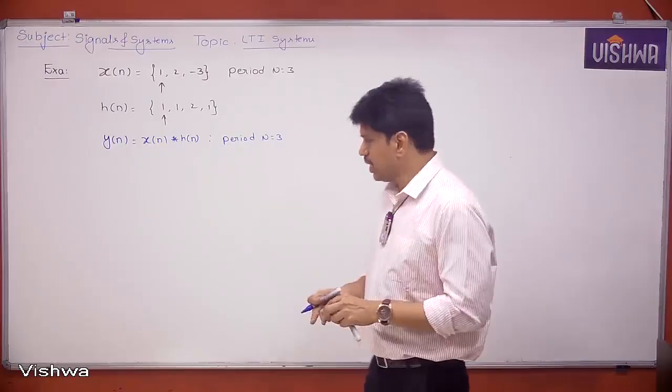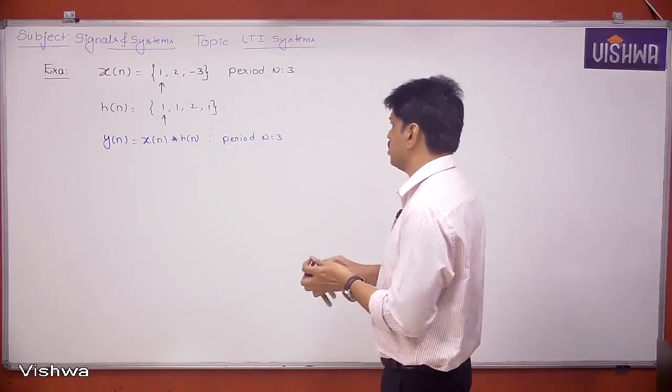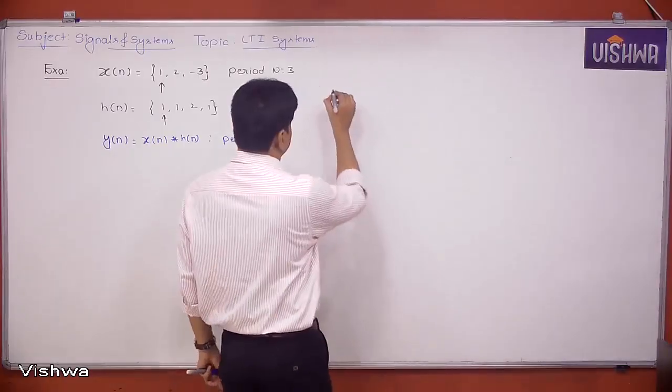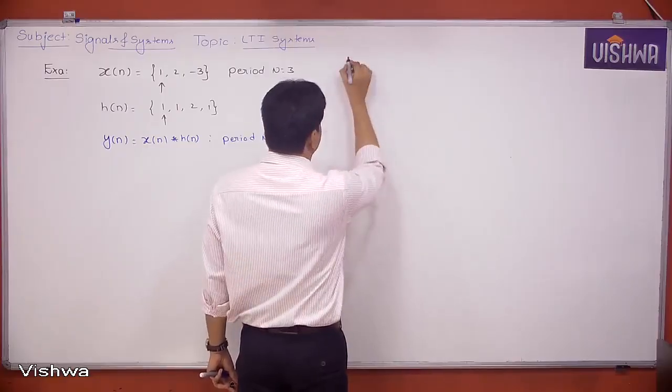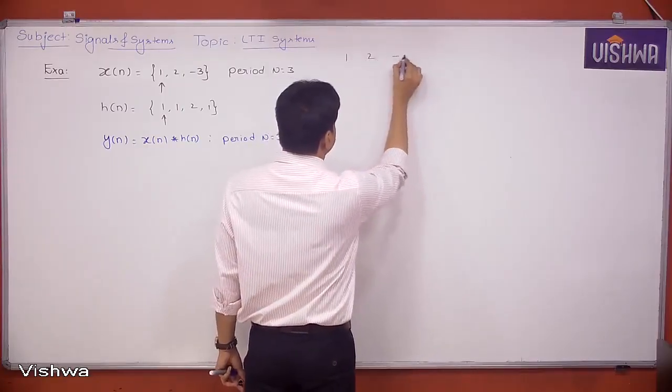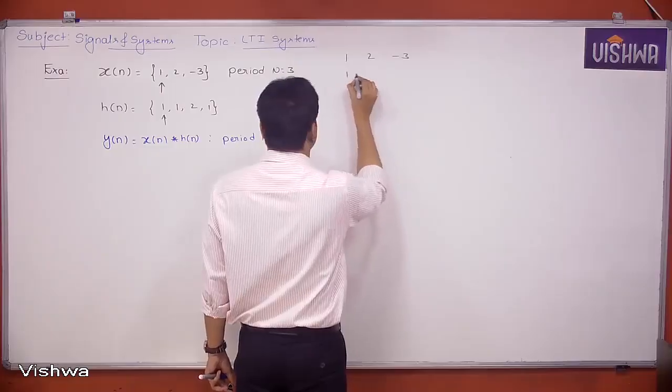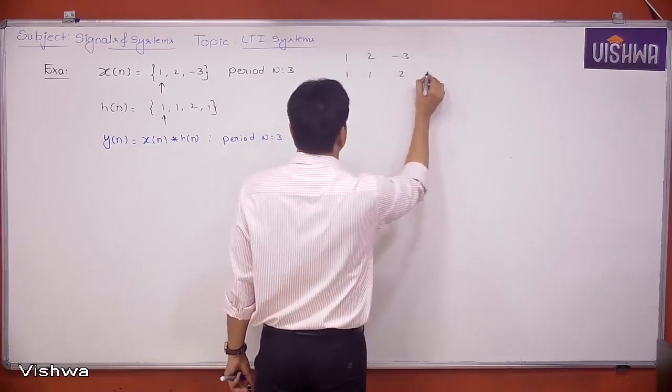That means we can take x of n, which is 1, 2, minus 3, and h of n, 1, 1, 2, 1.